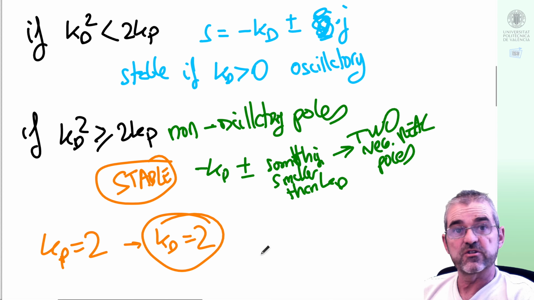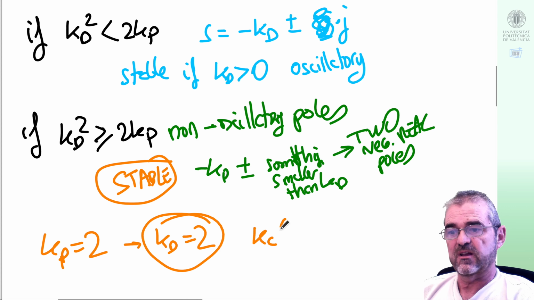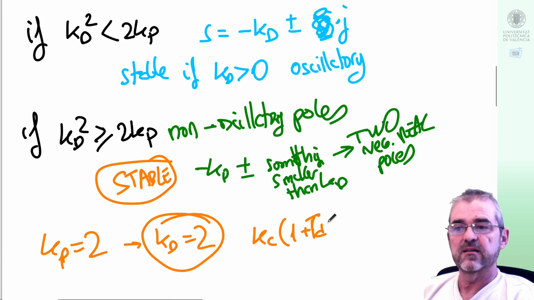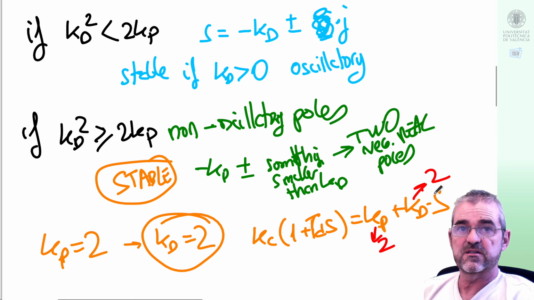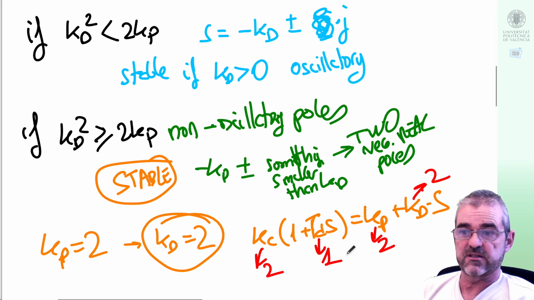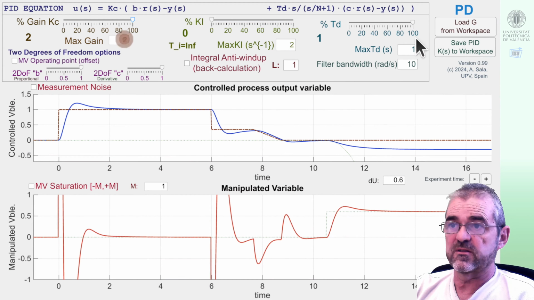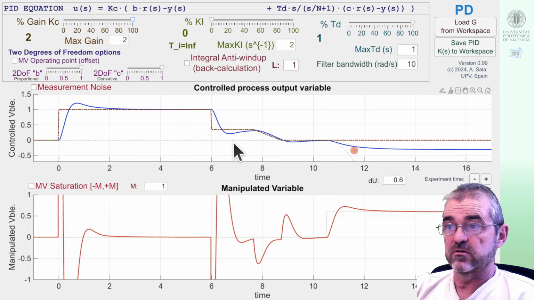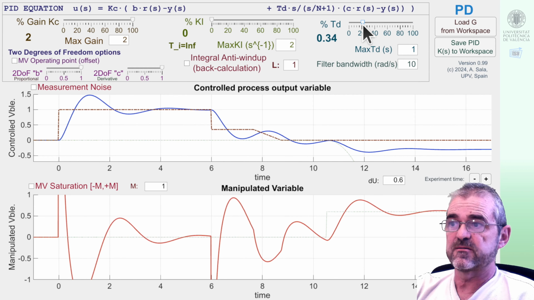Let us try it in simulation. As I used this parameterization, Kc(1 plus Tds), this means that if this is 2 and this is 2, this must be 2 and this must be 1. So let us plug that in my simulator, 2 here and 1 here, and here we have a non-oscillatory transient, and if my derivative action is lowered, oscillations appear.